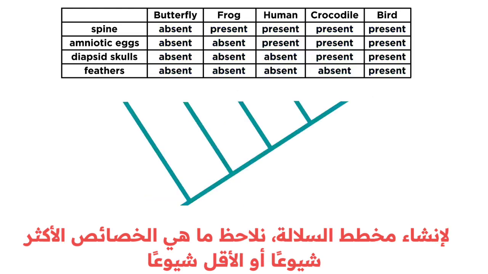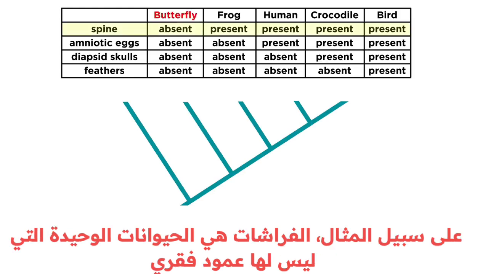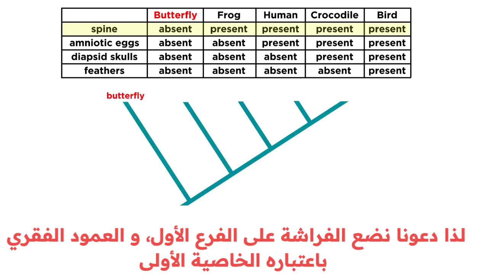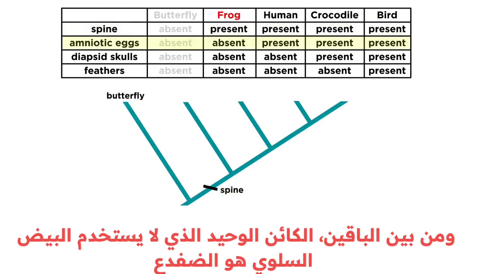To make the cladogram, we observe which characteristics are more or less commonly held. For example, butterflies are the only animals out of these that do not have a spine. So let's put butterfly on the first branch and spine as the first characteristic. Of those remaining, the only one that does not utilize amniotic eggs is the frog.